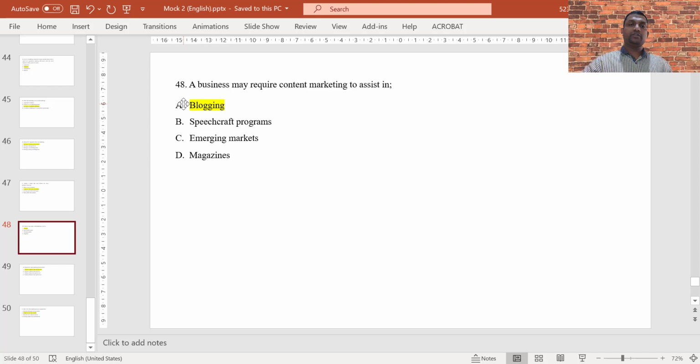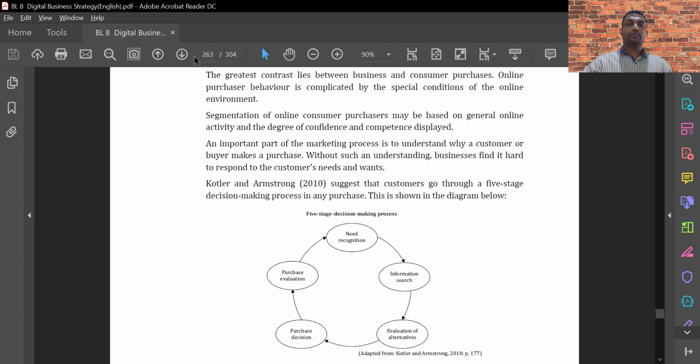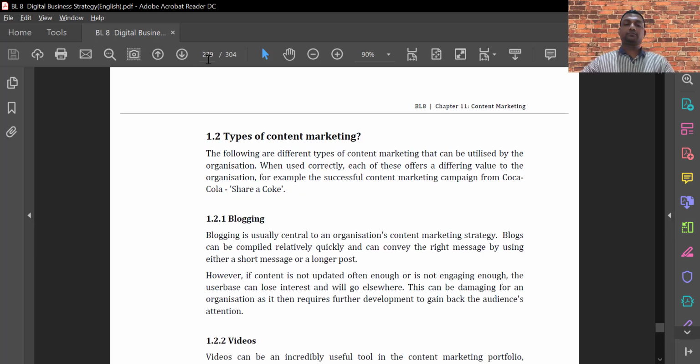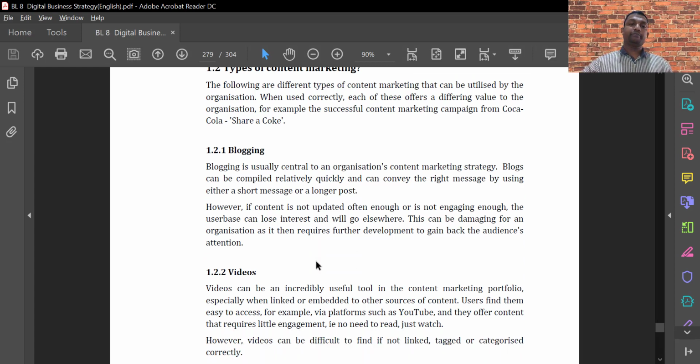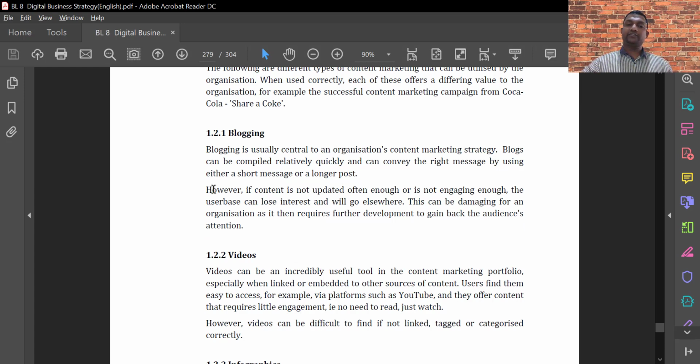So a business may require content marketing to assist in which of these. So let's look at how this is explained. So different types of content marketing can be utilized by the organization. So there are explanations given.